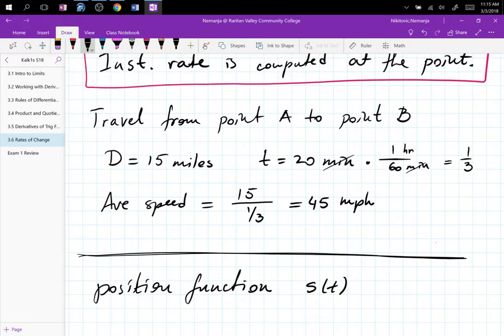The position function is clearly s of t because there is an s in the word position. It's obvious, right? So the position function s of t is going to be some kind of function. You can put whatever. The particle is moving at 3e to the 4t minus t. So it's a function of time.